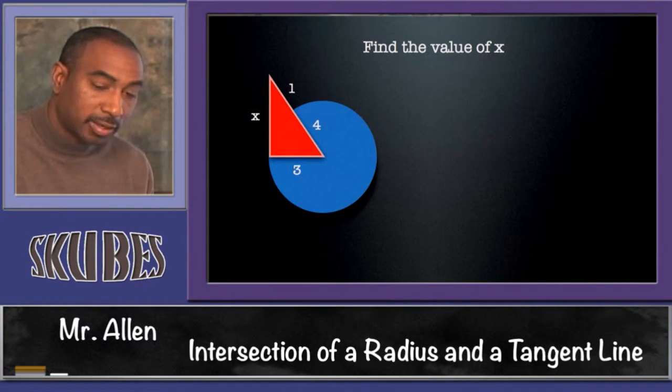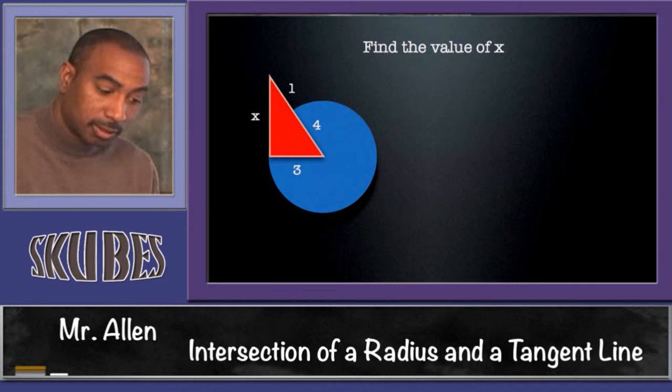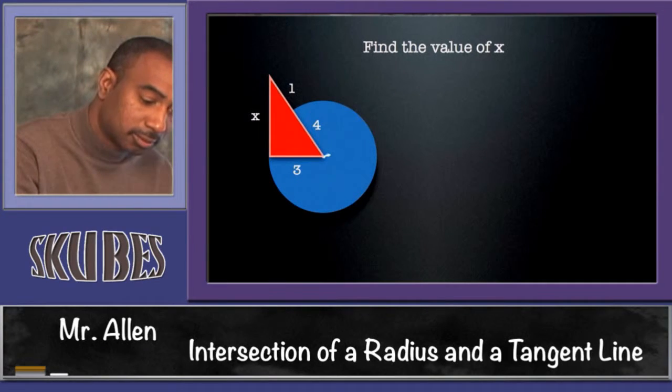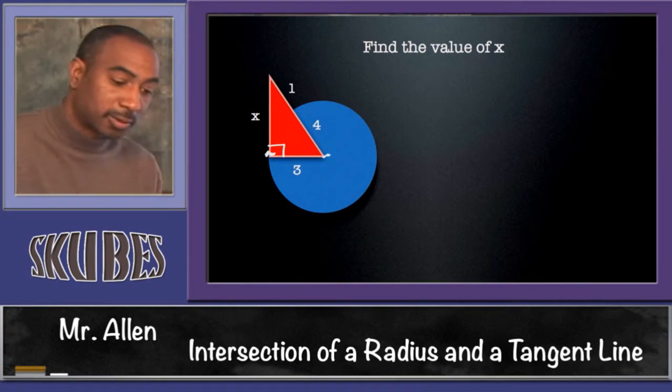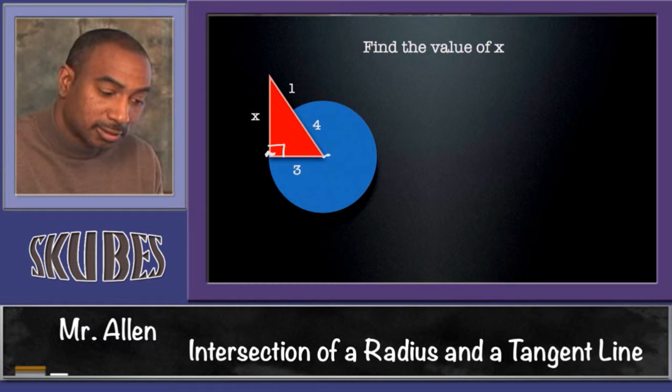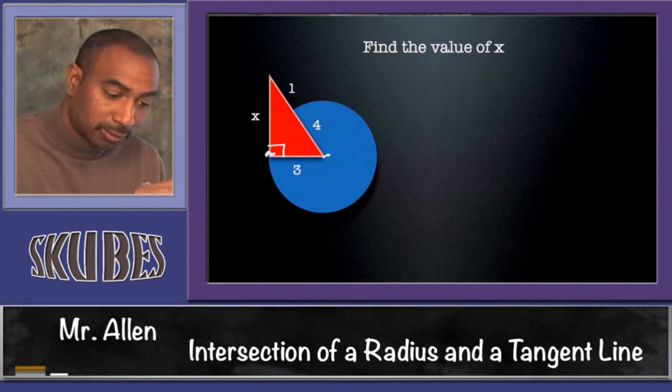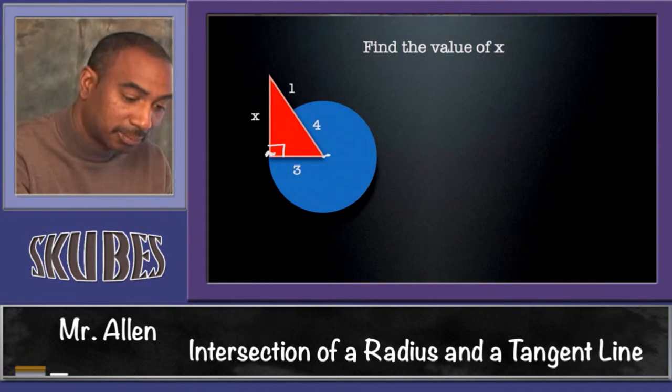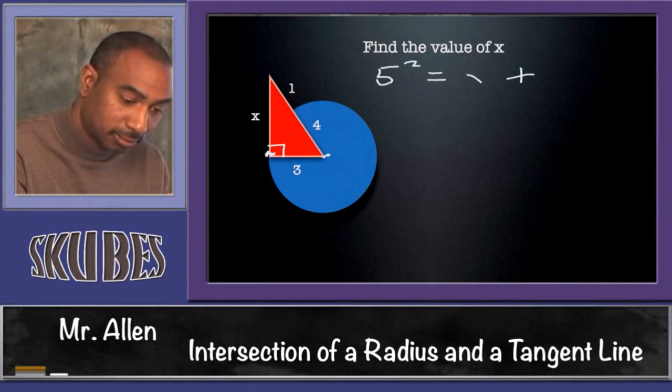All right, find the value of x. Again, we have a radius and we have a tangent, and when they intersect, it forms a right angle. My hypotenuse is 1 plus 4, which is 5, right? So the hypotenuse squared is equal to the sum of the square of the legs. So x squared plus 3 squared.